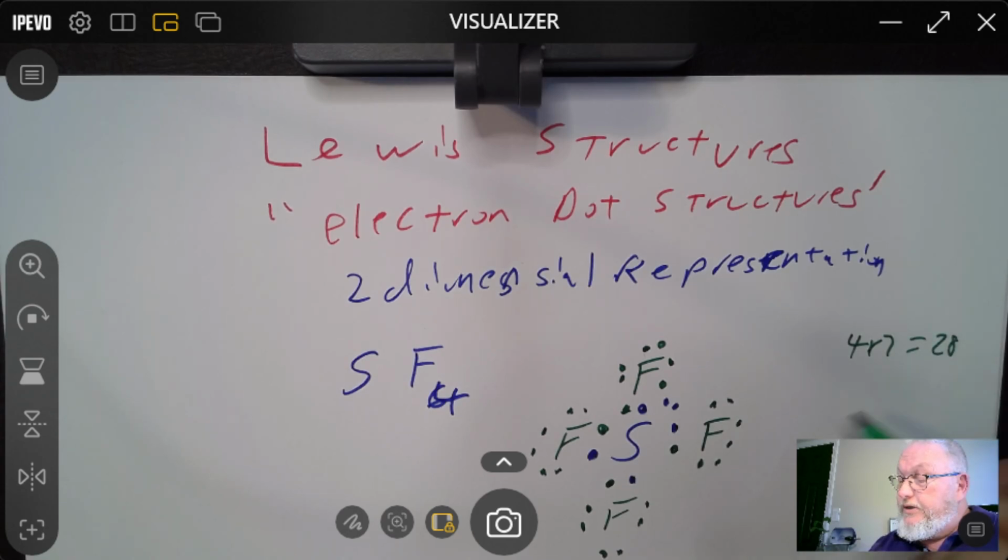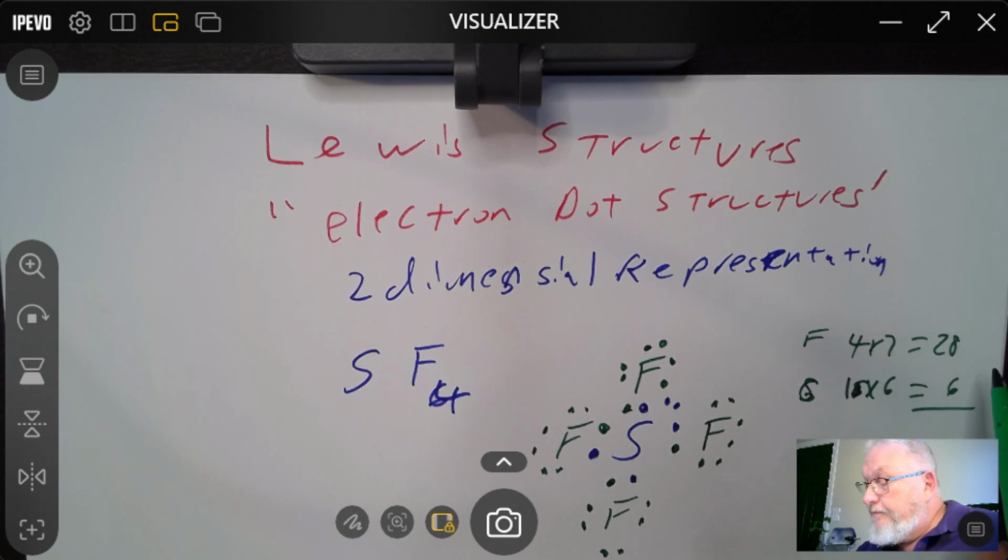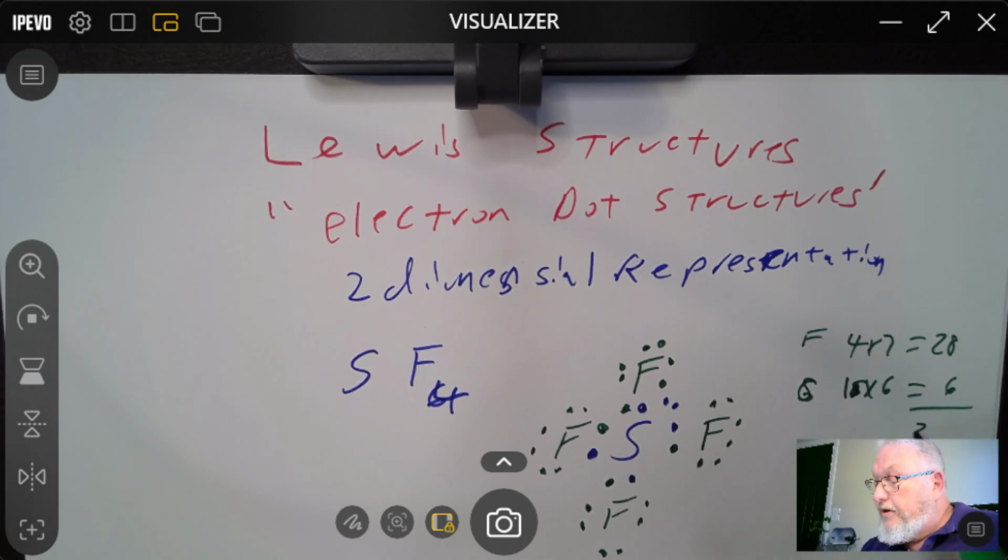And of course, sulfur is in group 16, so it has 6. So I should have 34 electrons. I've got to deal with 34 electrons. Okay? So we got that.